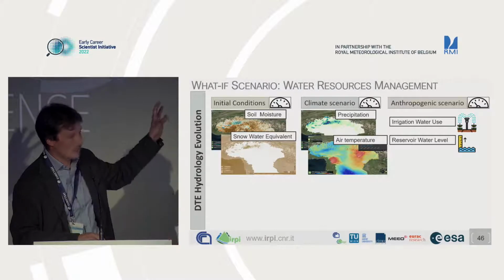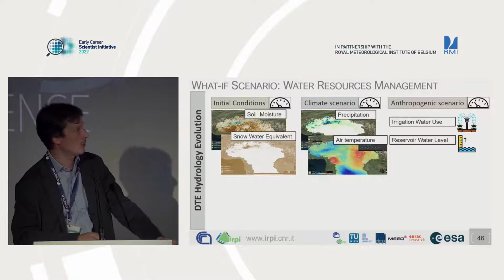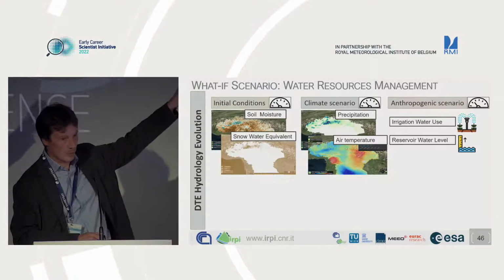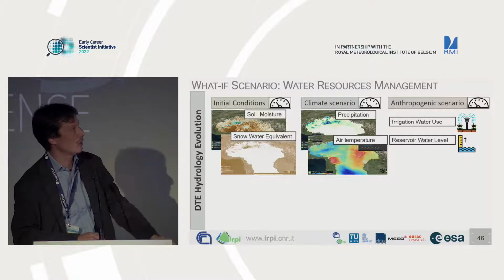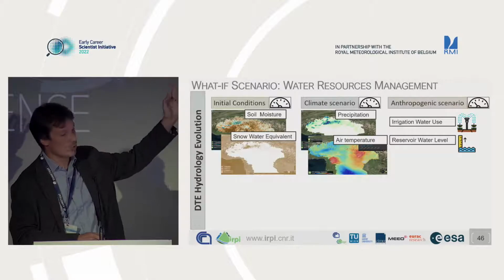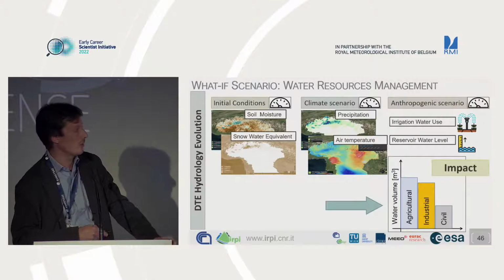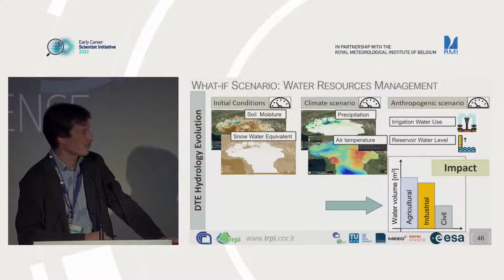And with this kind of advanced integration between satellite observation and modeling, we can actually develop such scenarios by tuning the different climate, anthropogenic and initial conditions. You can have an understanding of the impact in terms of, for instance, water volume for the different uses distributed in space and time.